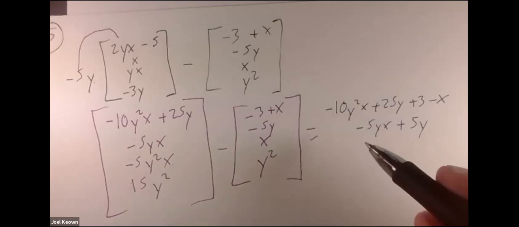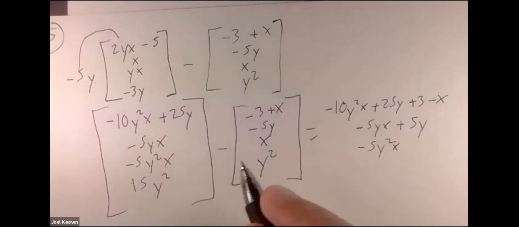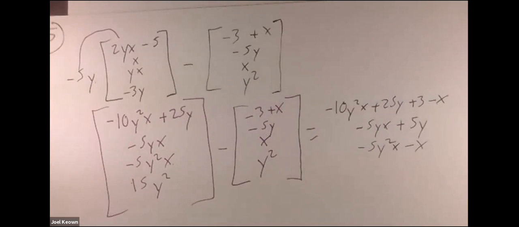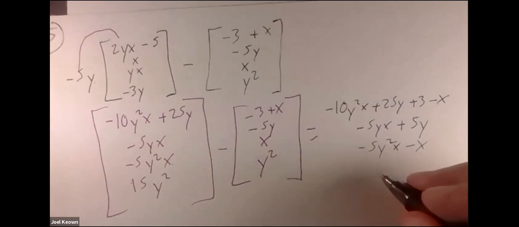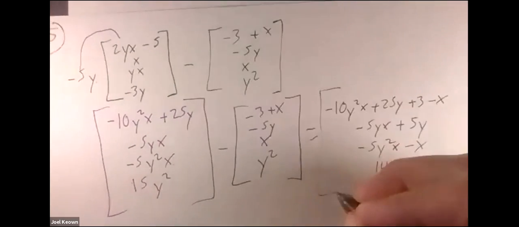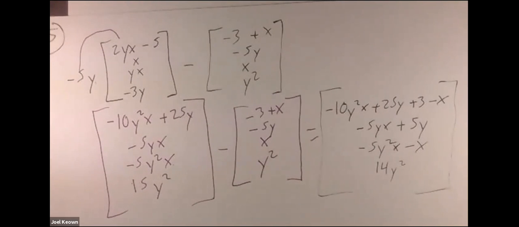Can't combine those two, so -5y squared x, distribute the negative, minus x. Lastly, 15y squared, y squared. Oh, both y squared, I can combine those two. So 15 minus 1 is 14y squared. And that is my answer.